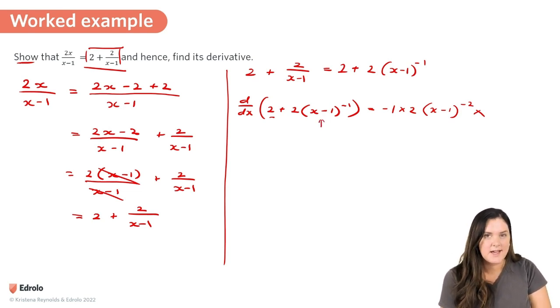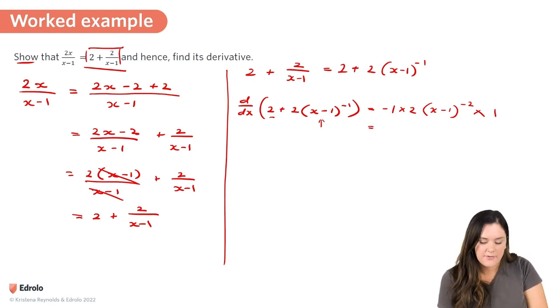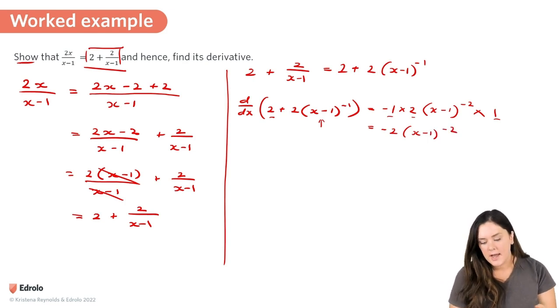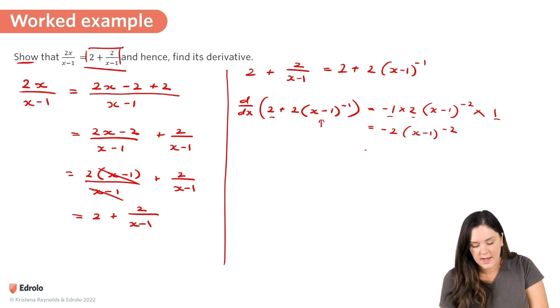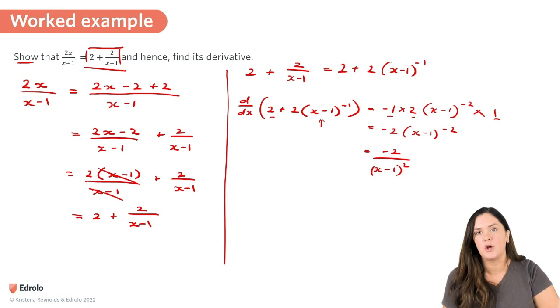So it's just x take away 1, so the derivative there is 1. Now I can simplify, so I've got -1 times 2 times 1, so that gives me -2. Rewrite my bracket to the power of -2. And now I could rewrite it so that I only have positive indices. So I get -2 on the top and then (x take away 1) squared on the bottom.